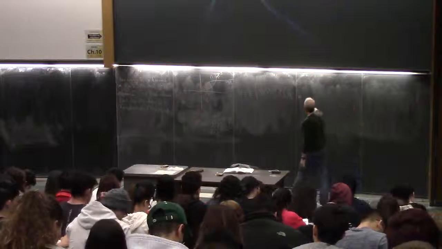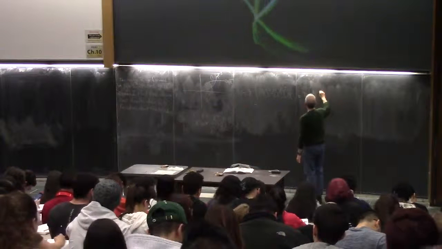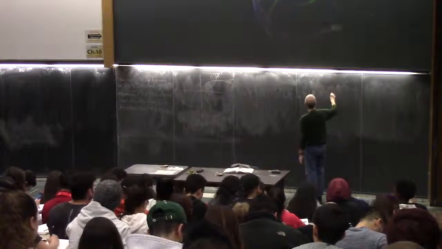Okay, so that's pi times the integral from 0 to 1 of x minus x to the 6th dx.